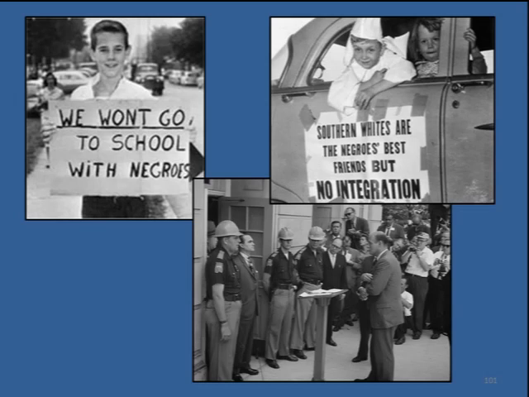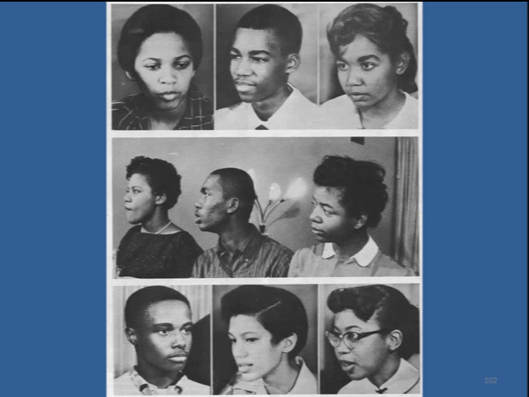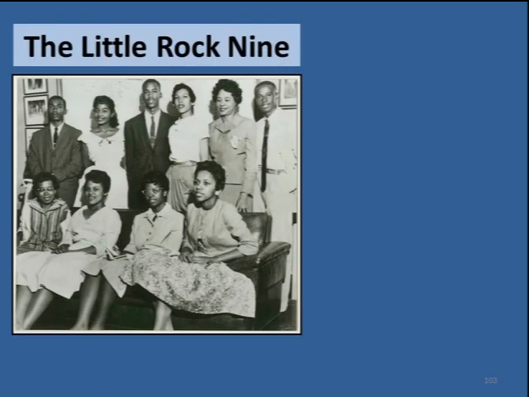Despite the Supreme Court's decision, what was now the law of the land, school systems were very slow to desegregate. For example, Little Rock, Arkansas allowed its first 9 African American students into a white high school 6 years later in 1957. These students became known as the Little Rock Nine, and their experience was a serious test for the U.S. government.